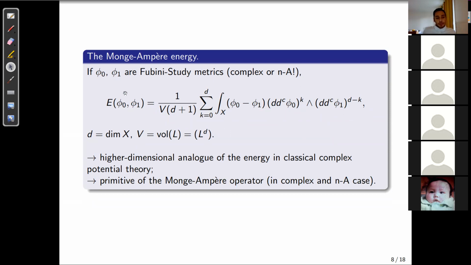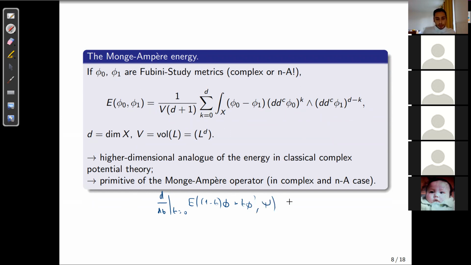And it's something that's important because you can realize it in the complex and Archimedean case as the primitive of the Monge-Ampère operator, in the sense that if you take the derivative at t equals 0 of a convex combination, this is really just a sort of a reference or control metric, but it doesn't matter.